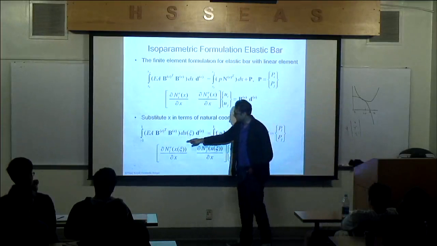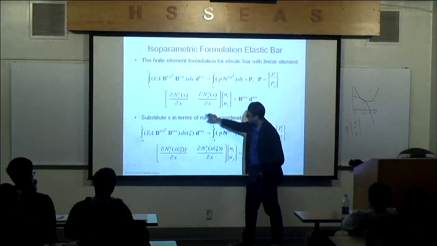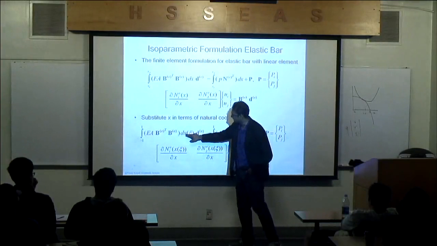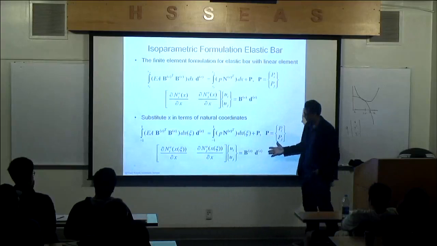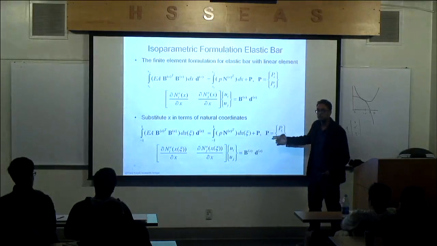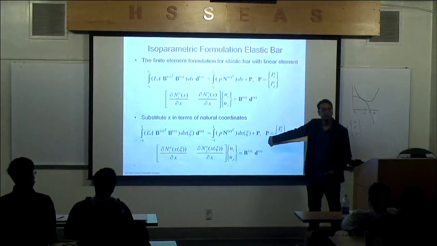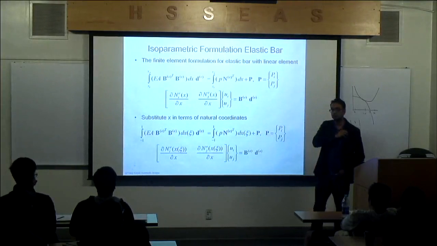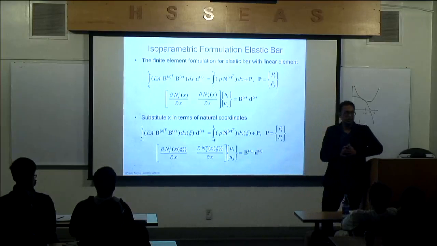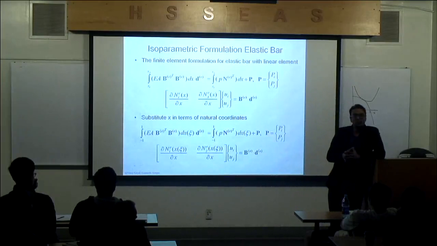But now we have to keep track that these shape functions are now a function of c, and this dx here is dx/dc. But all I've done is substitute x in here, and just by doing that, I have changed the limits of integration. If you go back and revisit your calculus class, that's exactly how you did it. Any questions so far on what I've done?